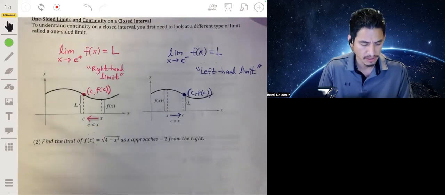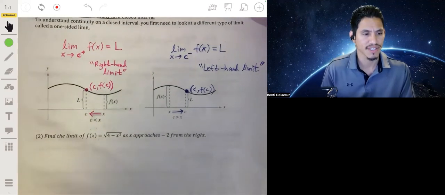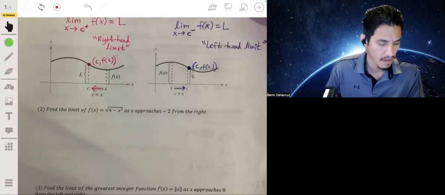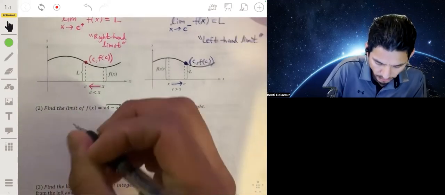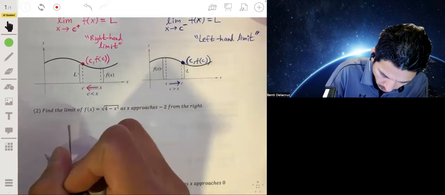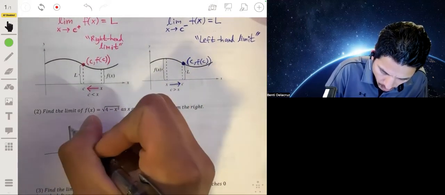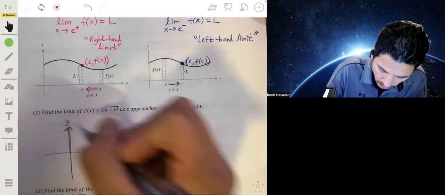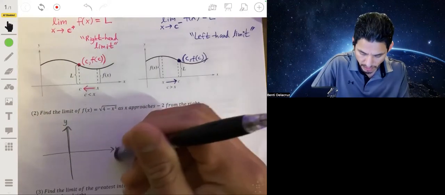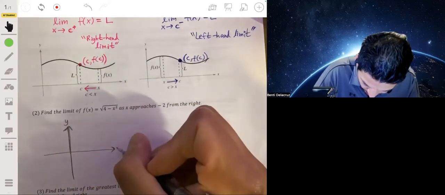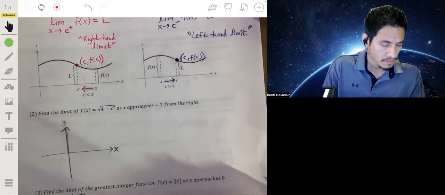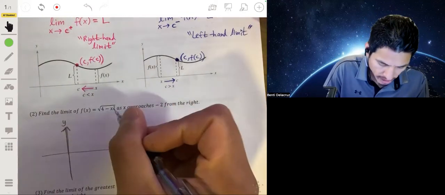Well, first let's recall what this even is, and if you remember your pre-calc, this is just a semicircle. A semicircle with a radius of 2.